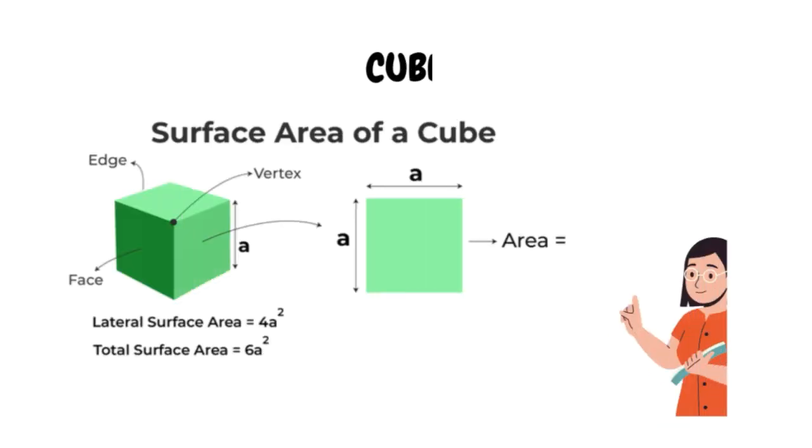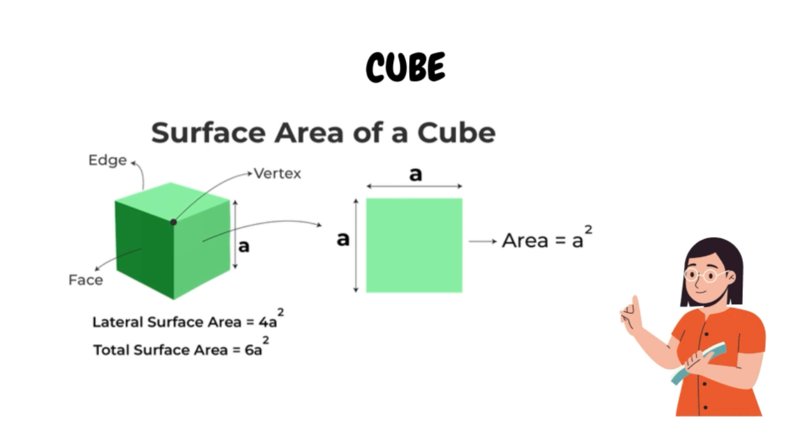Now we will discuss 3D figures. In 3D figures we start with cube. So a cube has six surfaces. Each surface looks like a square. So if we consider one face of a cube, it will have area as a square.